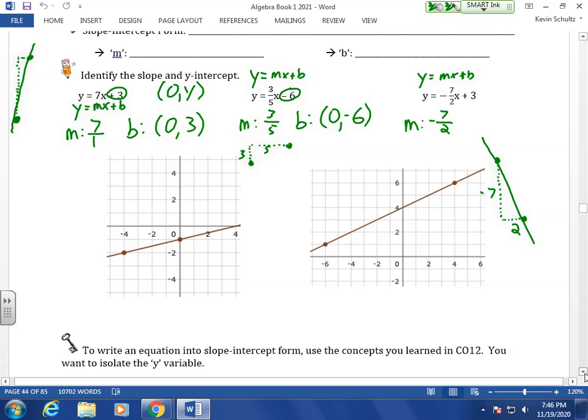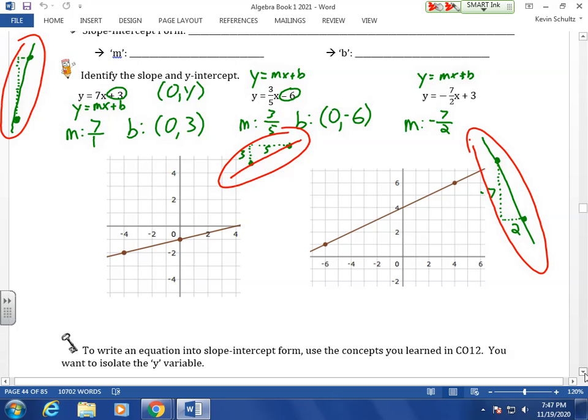So it also tells you, if you've got a positive slope, such as 7 over 1 or +3 over 5, this line is going to be going up from left to right. If your slope's negative, now it's going down from left to right. Okay?